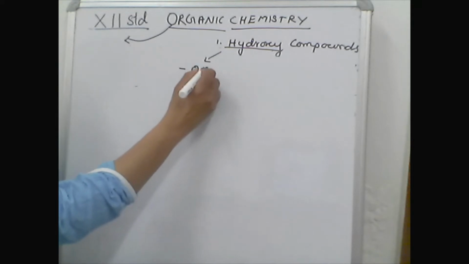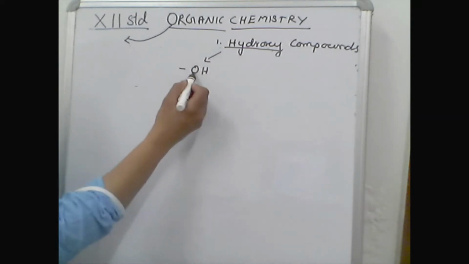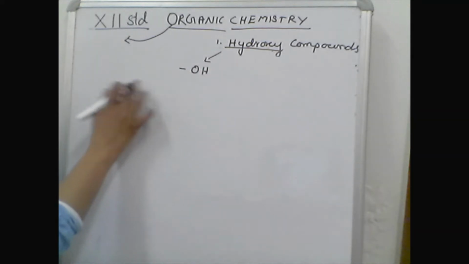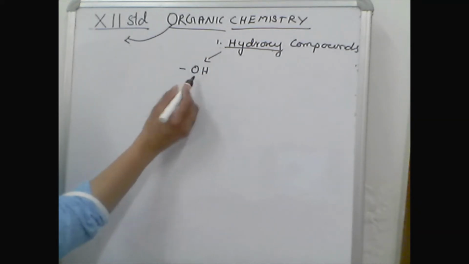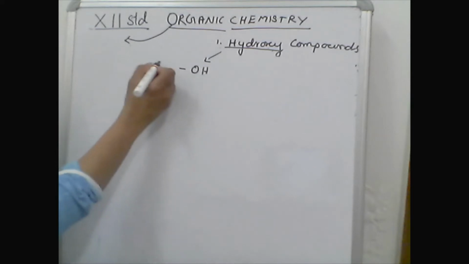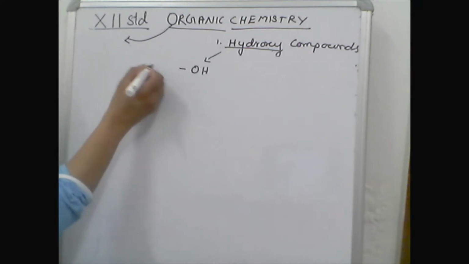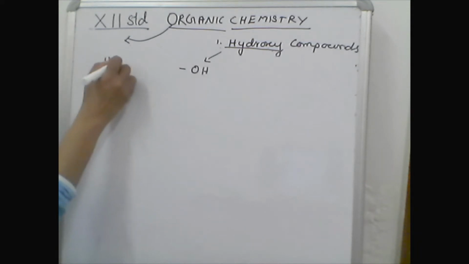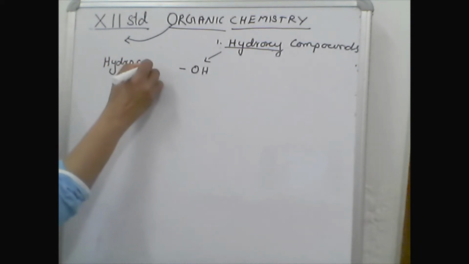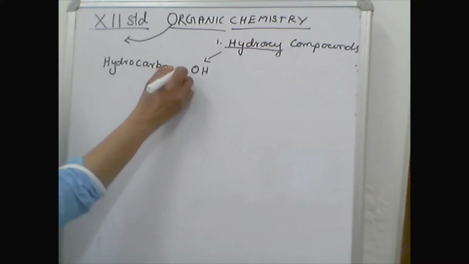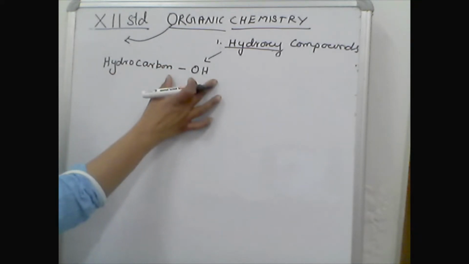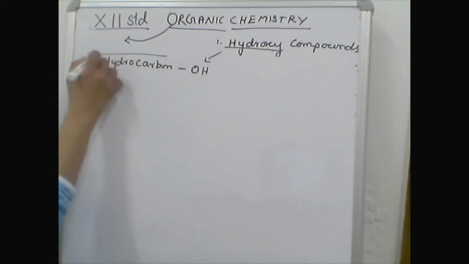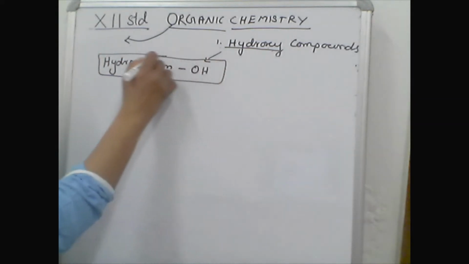Oxygen for oxy and hydrogen for hydro. The hydroxy group will be connected to some hydrocarbon. When a hydrocarbon is connected to OH, the compound is called a hydroxy compound.